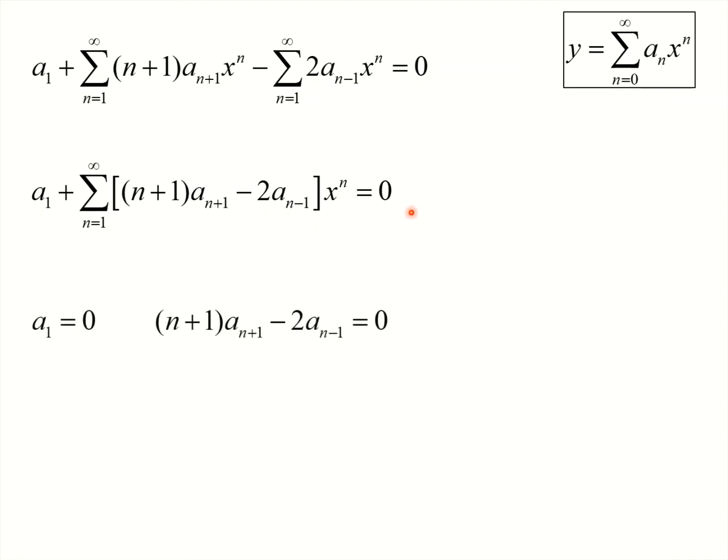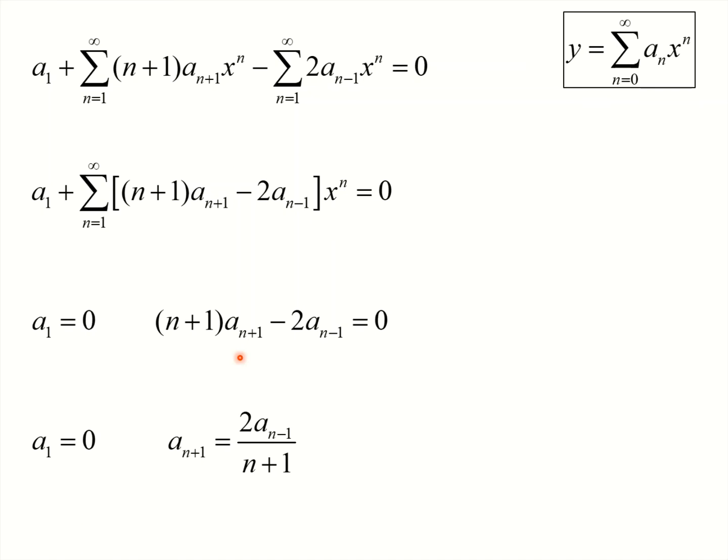So my next step is I have a1 equals 0 and this coefficient equaling 0. On this one I know a1 is 0 and I'm happy with that. On this one I want to solve for the one with the greatest index, which is a sub n plus 1. So I'll do a little algebra and solve for a sub n plus 1.